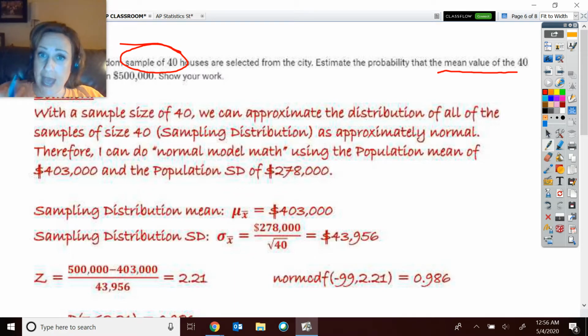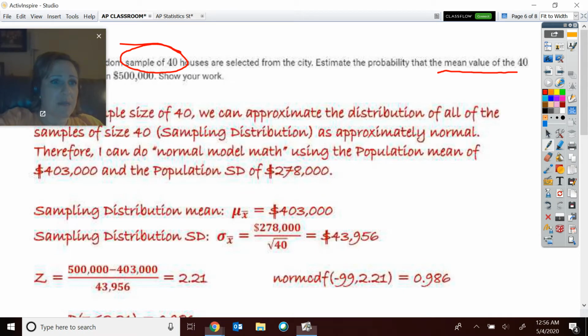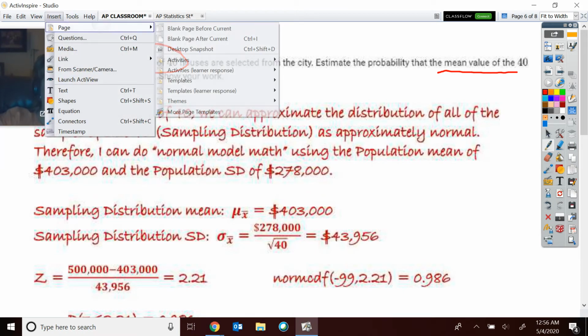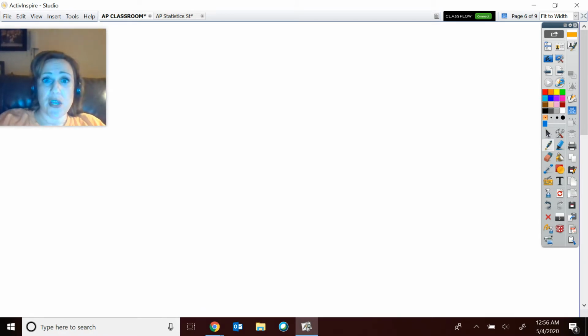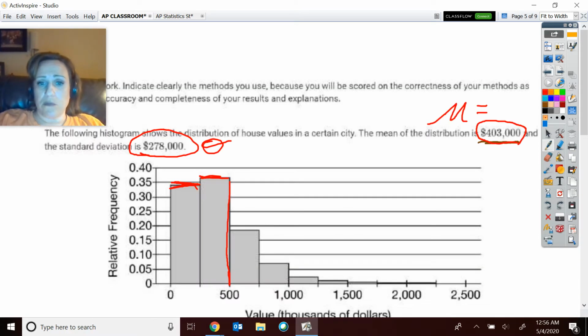So what we have now is something different. Let me show you the difference. We had that previous picture, the population, which was that skewed right distribution right here.